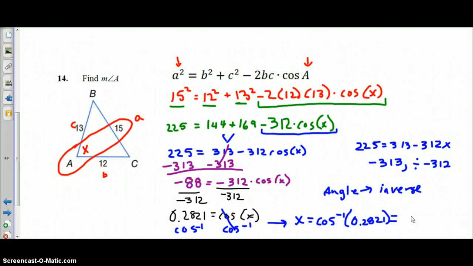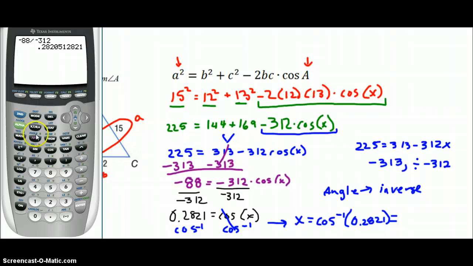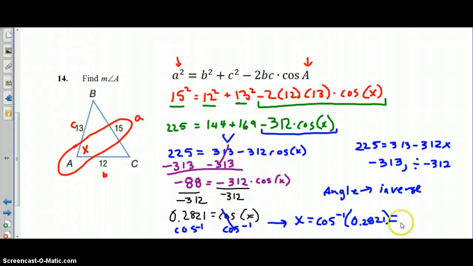If we use our calculator to evaluate that, the cosine inverse of 0.2821 is equivalent to 73.6 degrees. So writing that down, 73.6 degrees for our final answer.